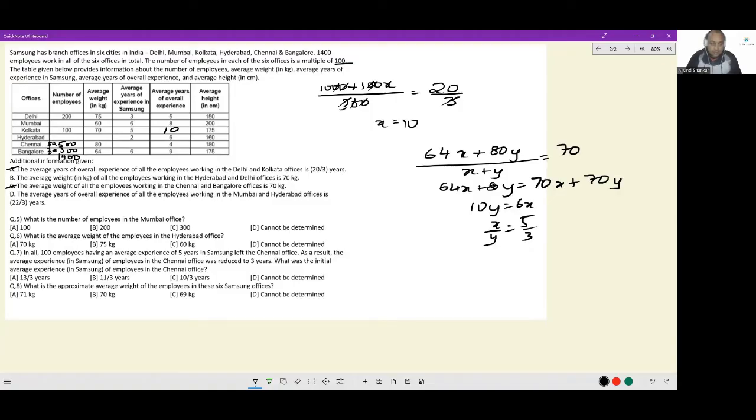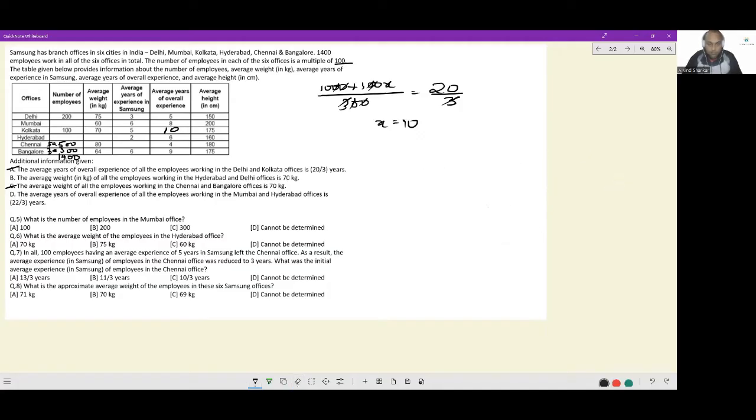Next, the average years of overall experience of all the employees working in Mumbai and Hyderabad offices is 22 2/3. Right now we have, let's say this is again X and this is Y. We have (X into 8 plus 6 into Y) by (X plus Y) is equal to 22/3.